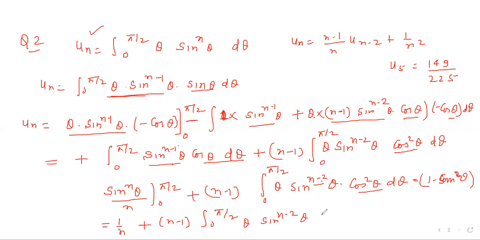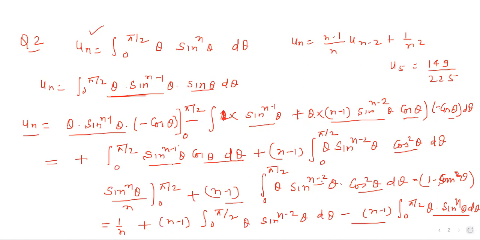So we can write it as d theta minus (n minus 1) times this term, and for this it will become 0 to pi by 2 of theta sine n theta d theta. The question itself is the same, so we can take this term to the LHS.